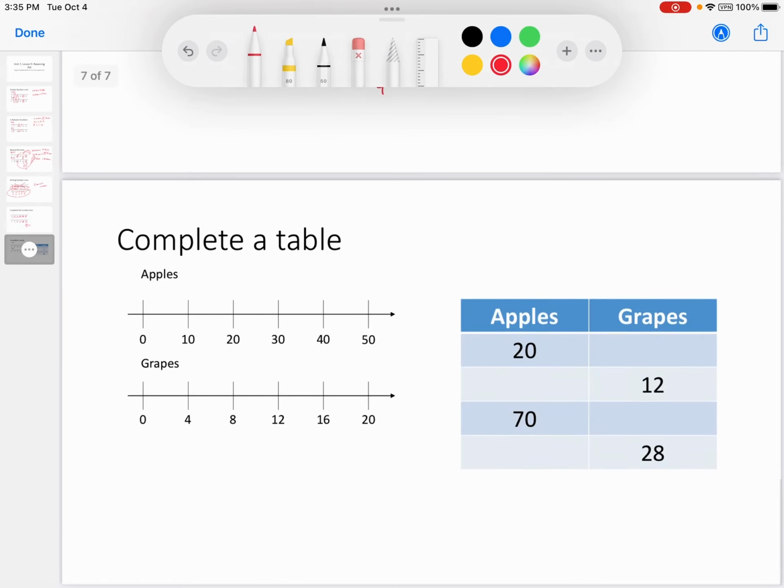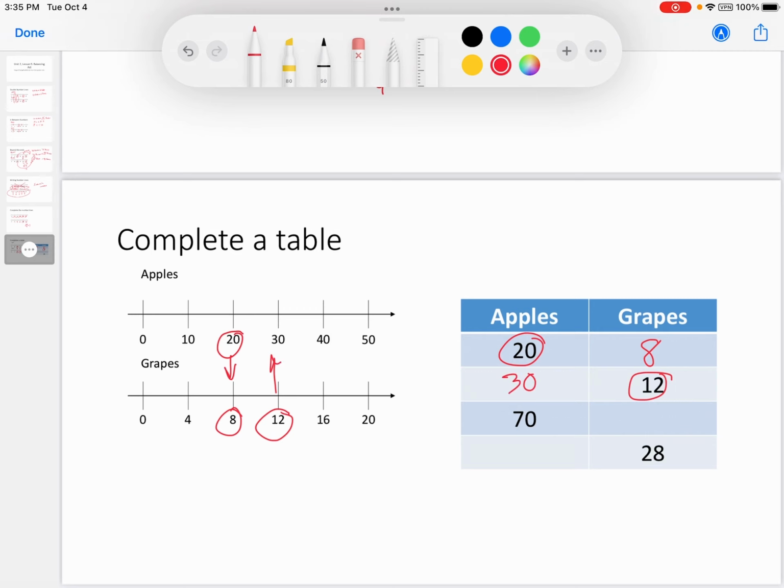Now, sometimes you're given a table and you have to figure it out. This is apples, this is grapes. So this says 20 apples. We find 20 on the apple line. We look down. That says 8, so there must be 8 grapes. This is 12 grapes. We find 12 on the grape line. We look up to the apple line. That says 30.